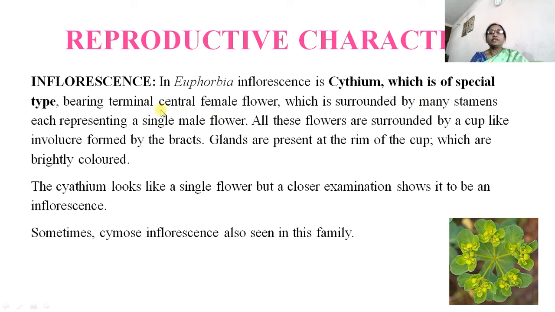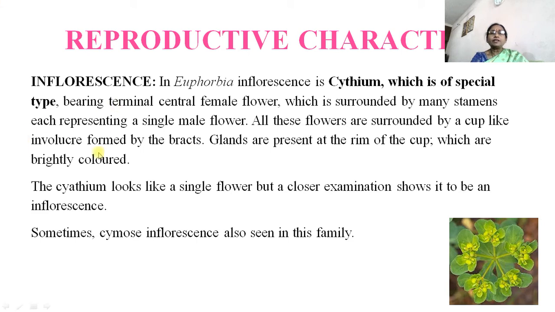The terminal central female flower is surrounded by many stamens, each representing a single male flower. All these flowers are surrounded by a cup-like involucre formed by the bracts. Glands are present at the rim of the cup, which are brightly colored.